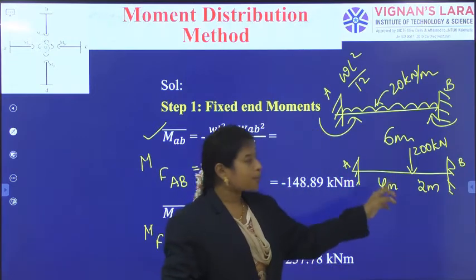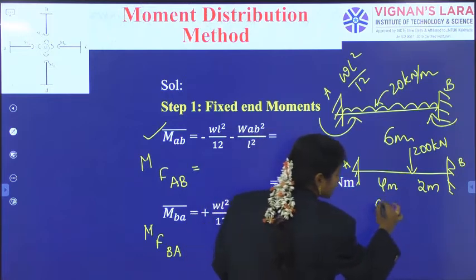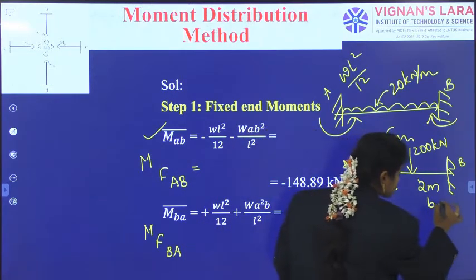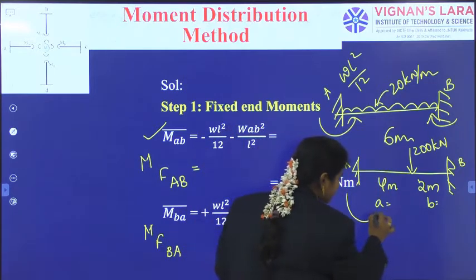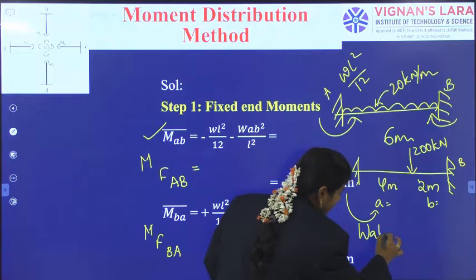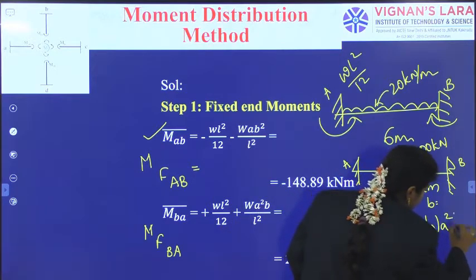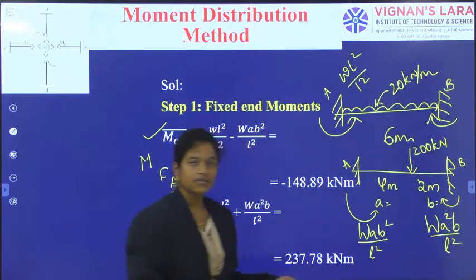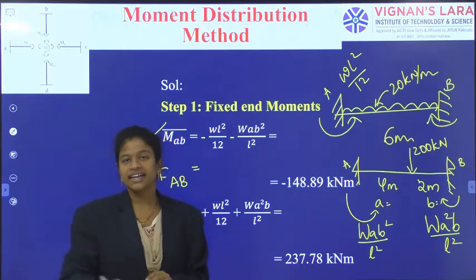And when a point load is applied eccentrically, at a distance A from the left support and a distance B from the right support, the corresponding fixed moment formulas are W A B square by L square and W A square B by L square. So these are the formulas. You should remember the formulas so that you can generate the next step.